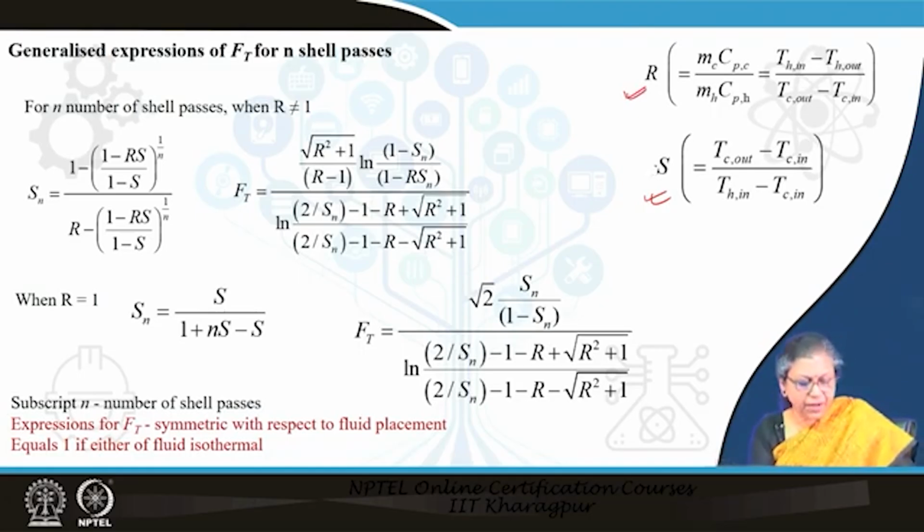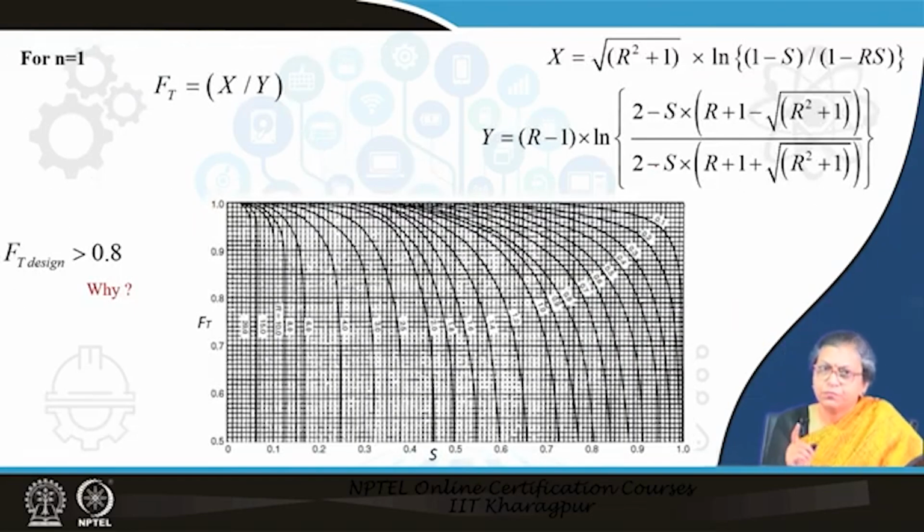And we find that if we go for a single shell pass, which we normally prefer to do, multiple tube passes and single shell passes, then Ft can be expressed as a ratio of x and y, where x and y are functions of R and S. The expressions are given here.